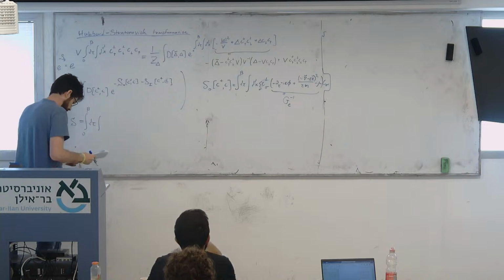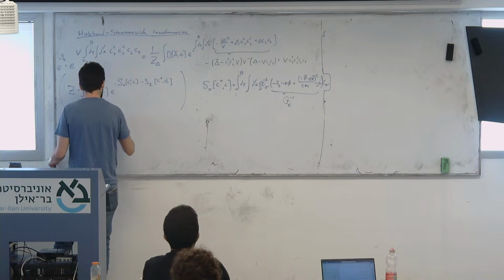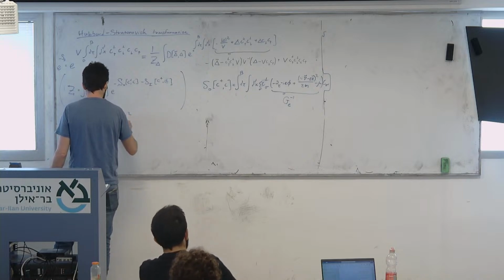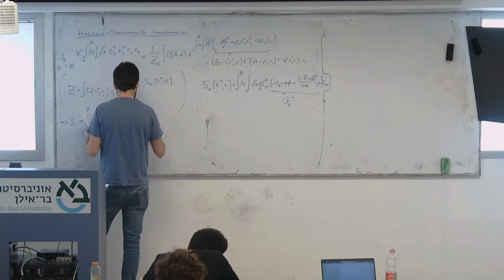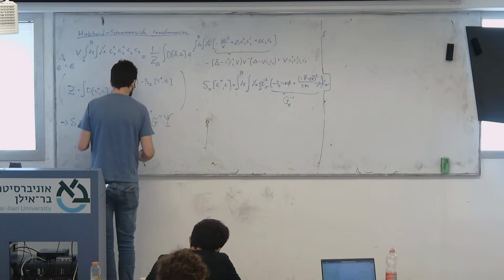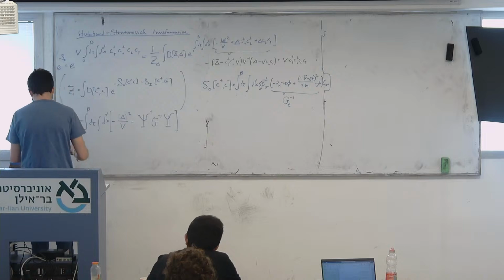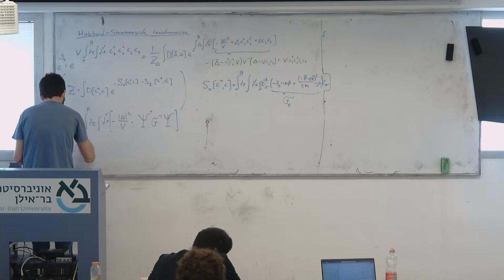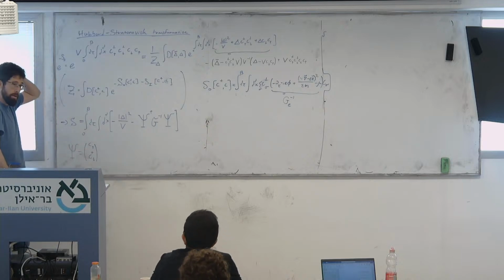So now, where this fancy psi is written in the particle-hole basis, it is known as Nambu space.